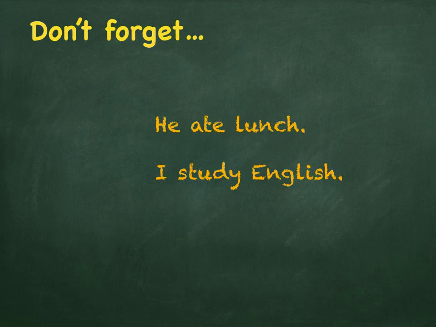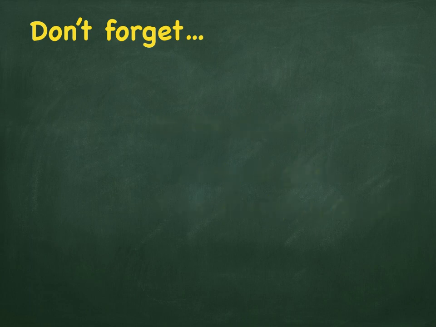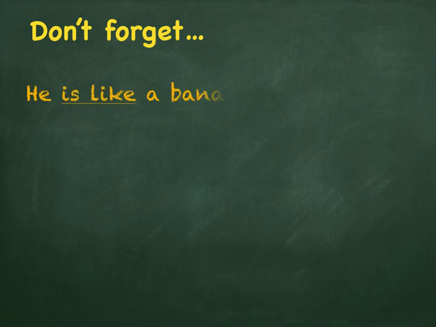Now the verbs are clear. Okay? And this is okay with the ing form. And if you say this, the meaning changes. Like is not a verb now because you put a be there.